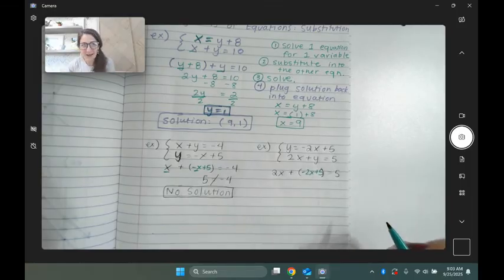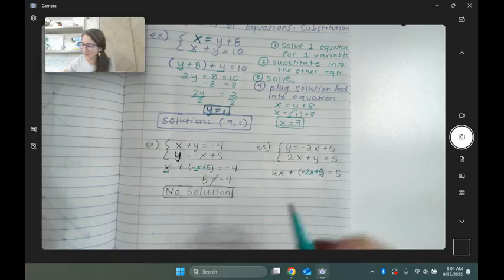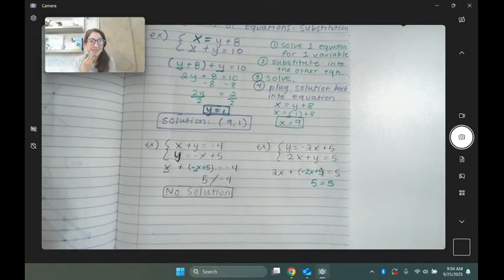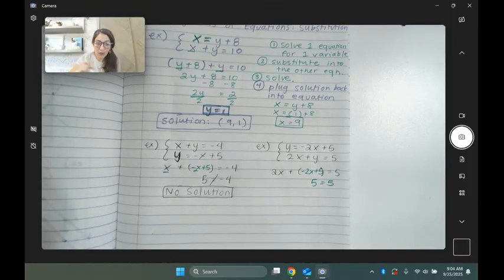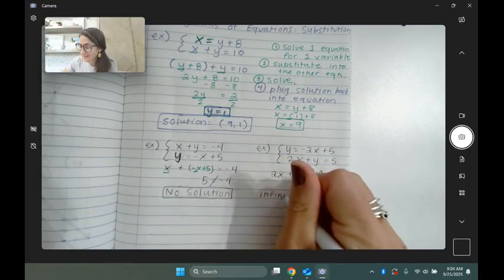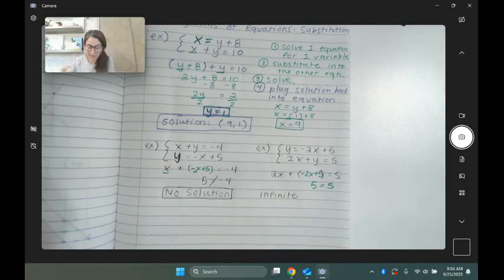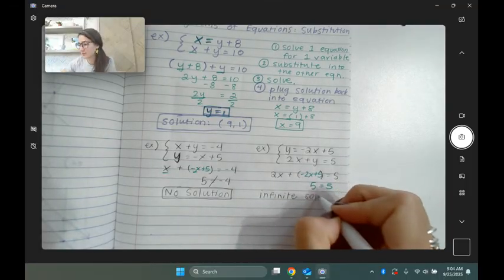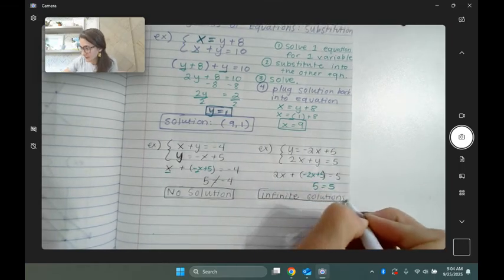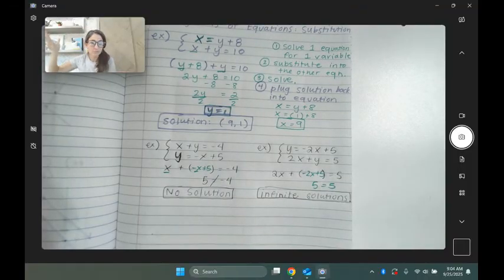Again, the same thing's going to happen. 2x plus negative 2x is nothing, is 0. So I'm left with 5 is equal to 5. Is that true? Yes. So these two are the same line. If I were to graph them both, they would just be on top of each other. There's infinite solutions. So every single thing that you plug in for x will work in both equations.